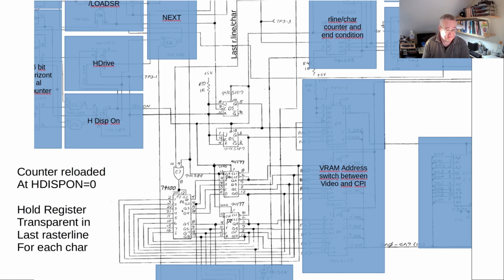So it's loading every time the counter changes. It's basically setting the new value, and once we have the next raster line, the counter actually has the value 40 for the next character line.